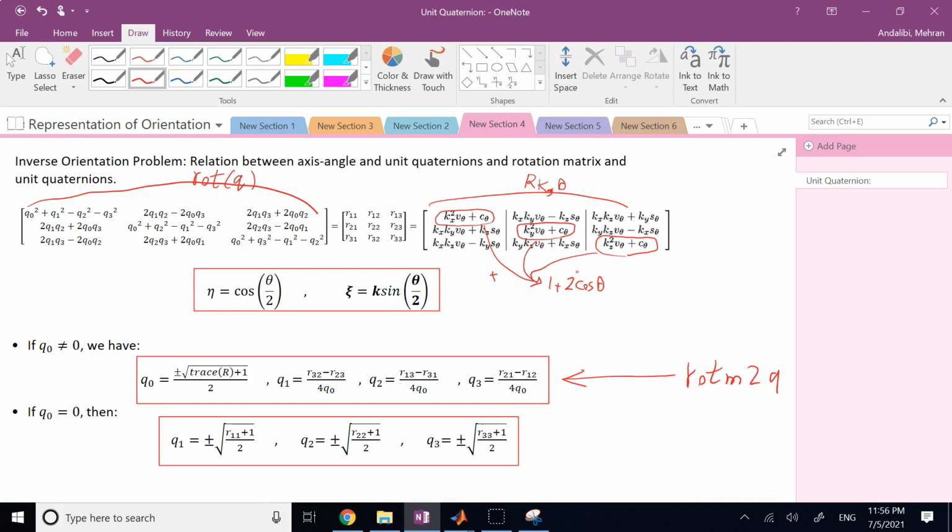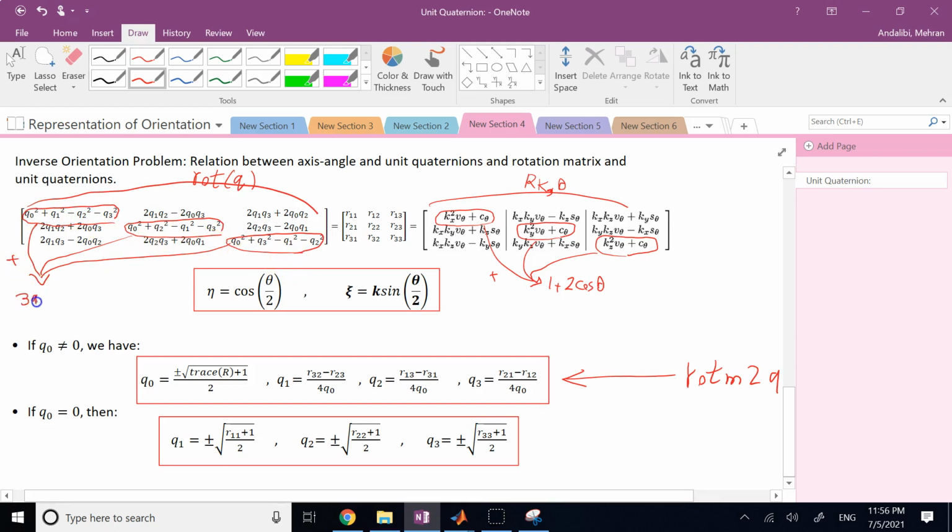Now, what about this one here? If I calculate the trace here, what do I get? I add these together. Let's see what we get. There are 3 q naught squared, and every one of them is positive.